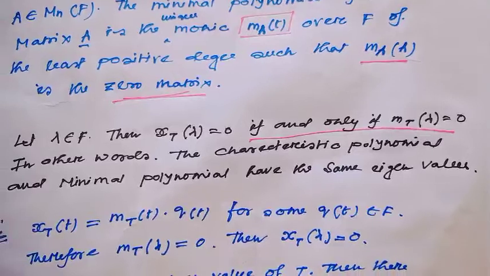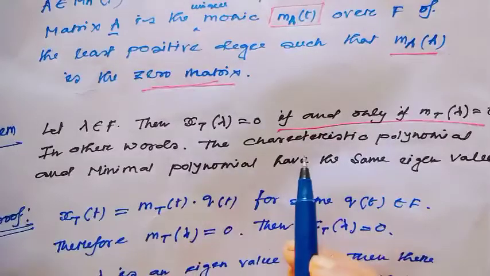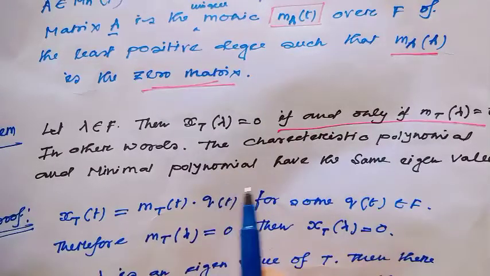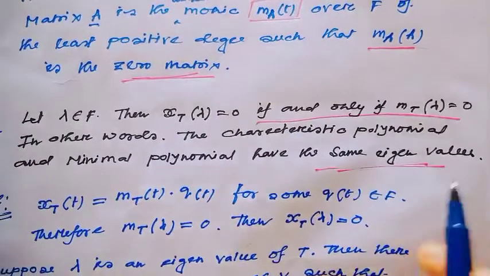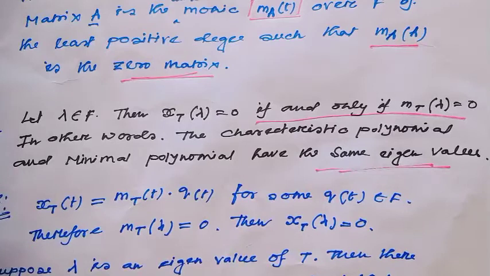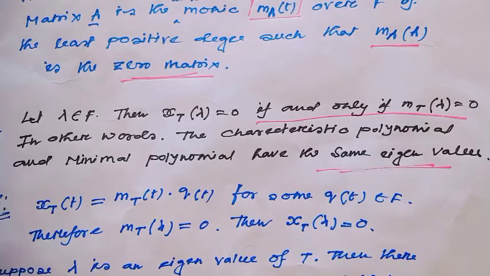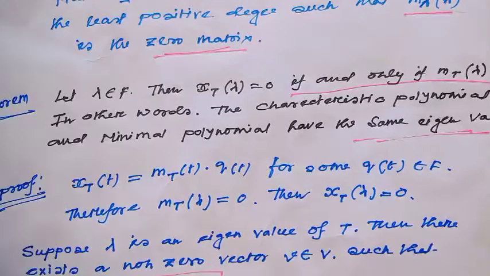In other words, the characteristic polynomial and minimal polynomial have the same eigenvalues, meaning the same zeros. This is always true. The proof is of this type: we all know the minimal polynomial always divides the characteristic polynomial.